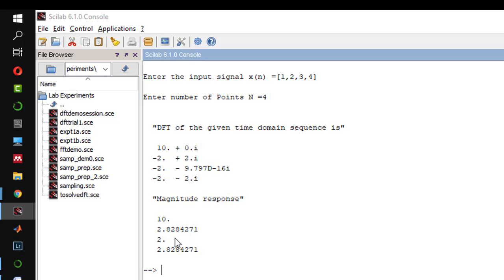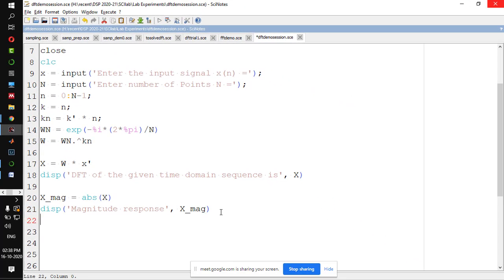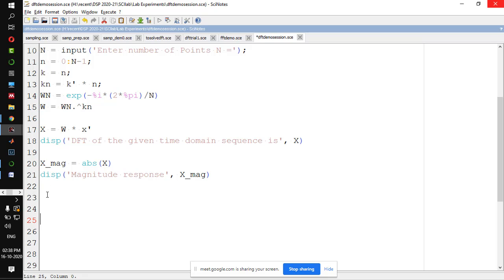Okay, fine. So we'll try to find the phase angle. Again, phase angle, not a big deal. We have an inbuilt command in Scilab. So I'll take it as X underscore phase, the phase angle, is equal to atan. Atan stands for tan inverse of the imaginary part of X of k, which is X in our case, comma, the real part of X of k, but in our case it is X. Fine.